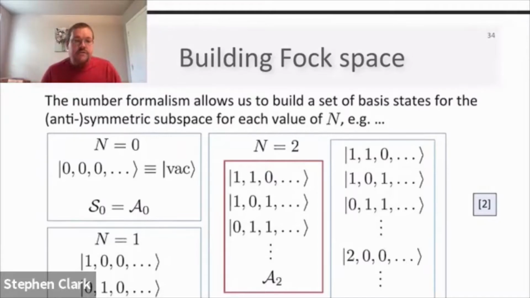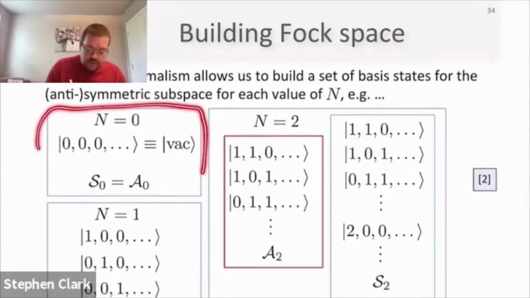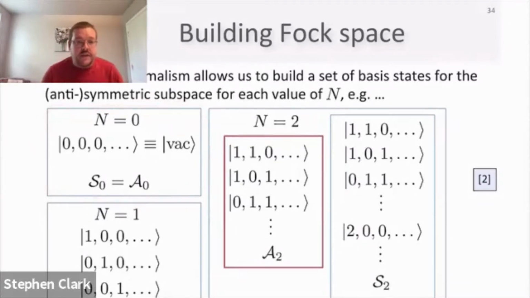And the really neat thing that this does is it introduces something that looks pretty trivial, but actually is quite a subtle idea. It introduces a quantum state that has no particles in it. So it introduces the vacuum.